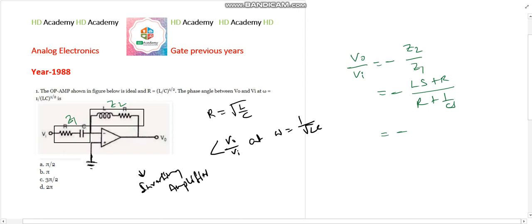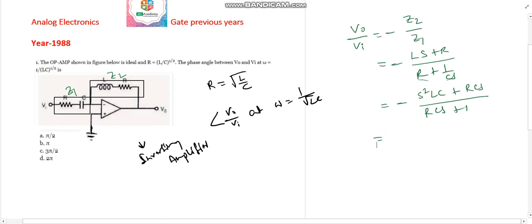From this we can write s square LC plus RCs divided by RCs plus 1. We solve this equation and multiply it out.